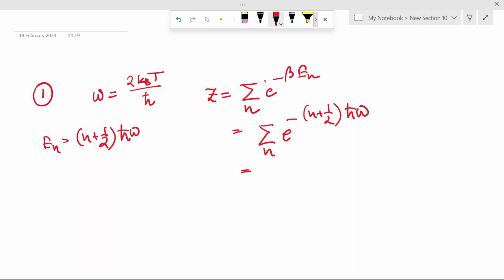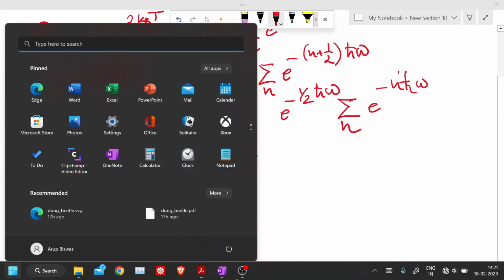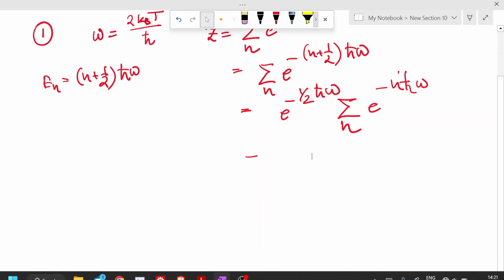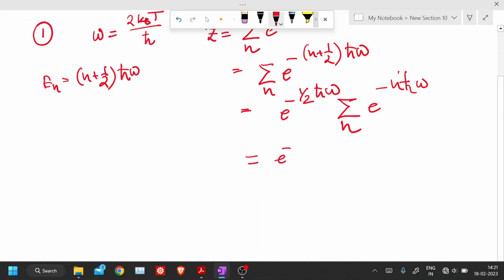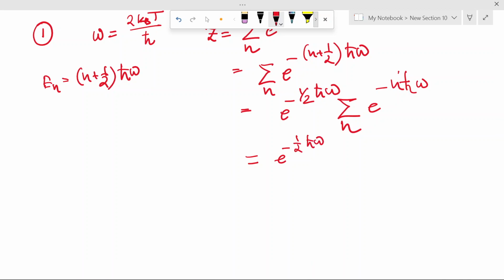This is a geometric series which takes the closed form e to the power minus half beta h cross omega divided by 1 minus e to the power minus beta h cross omega, right?